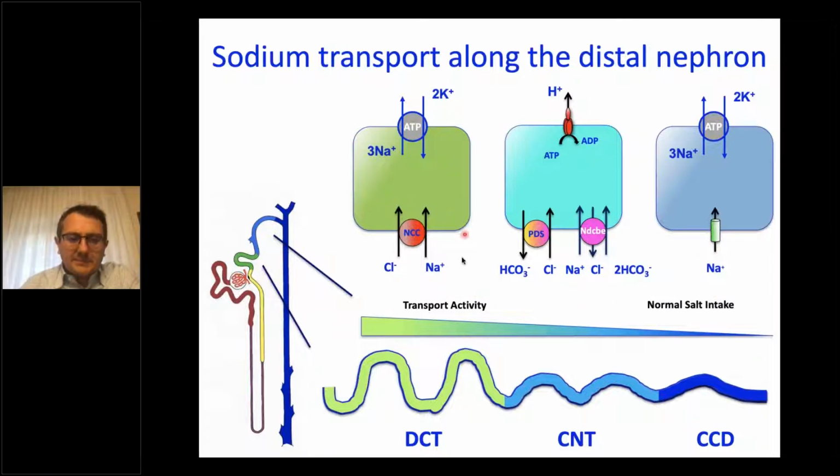The main transporter is the NCC that is expressed on the DCT cell, but also another thiazide sensitive sodium chloride transporter, that is made by the cooperation of these two guys here, the pendrin and the NDCBE, and also the ENaC that is amiloride sensitive.